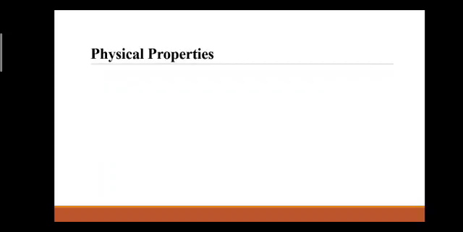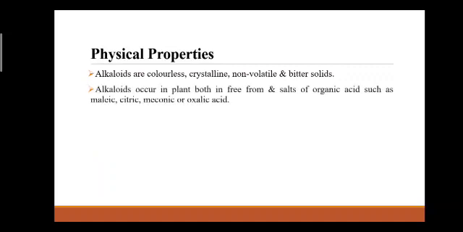Next point, physical properties. Alkaloids are colorless, crystalline, non-volatile and bitter solids. Alkaloids occur in plants both in free form and as salts of organic acids such as malic acid, citric acid, meconic acid or oxalic acid.